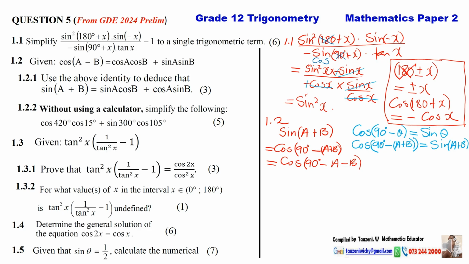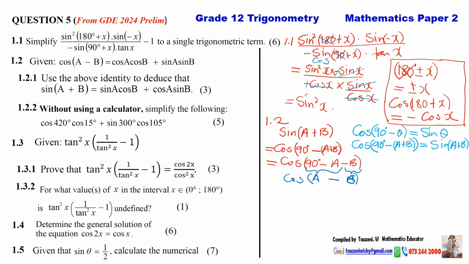In the formula, this part, the 90 degrees minus a, that's where you put your angle a. Then obviously the last one will be your angle b. So this is cos of a minus b.